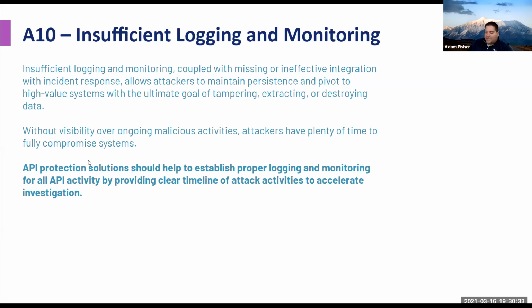So it's interesting how the top 10 here is listed, right? We go from the most critical when we talk about data exfiltration in a breach scenario, but really, if you're not doing A9 or A10, you could already be breached, right? You could already be having people walk out the front door with your data.